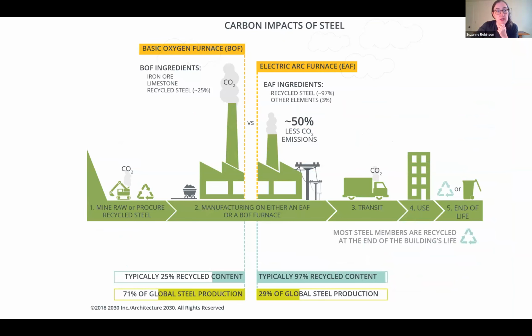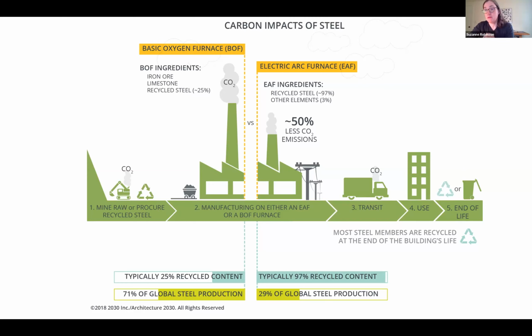Okay, steel, real quick. The two key things here is there's two different modes of manufacturing. There's the BOF, the basic oxygen furnace, and then there's the EAF, the electric arc furnace. The EAF uses a high percentage of recycled steel, and it doesn't have to bring the temperature up to such a high level. So they're able to really reduce the embodied carbon.